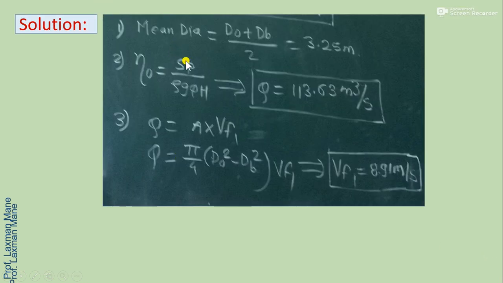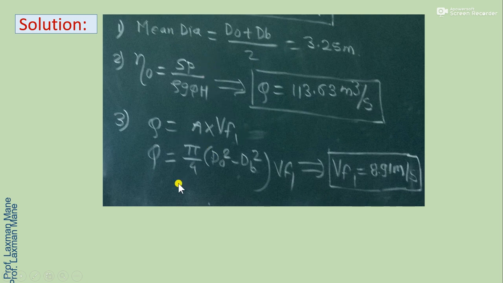So first, as in the example, we are asked to find the value on the basis of mean diameter. So mean diameter means what? Average of runner diameter and hub diameter. So taking the average of these two, we get mean diameter. Then with the overall efficiency formula, as we used earlier, find the value of Q. But the important thing is, take shaft power in watt, megawatt to watt by 10 raised to 6 multiplication.